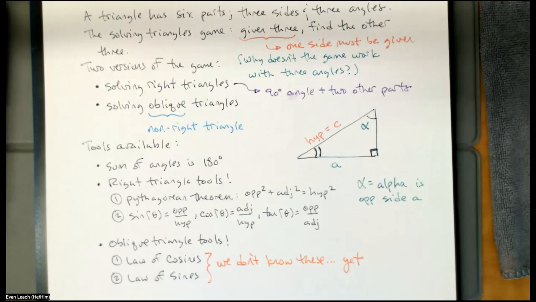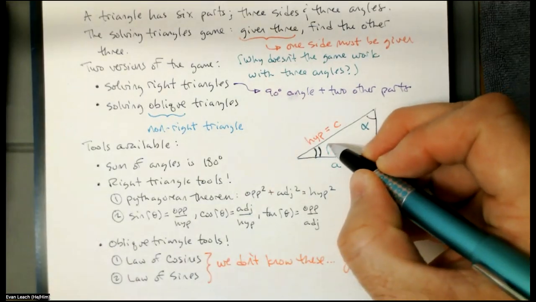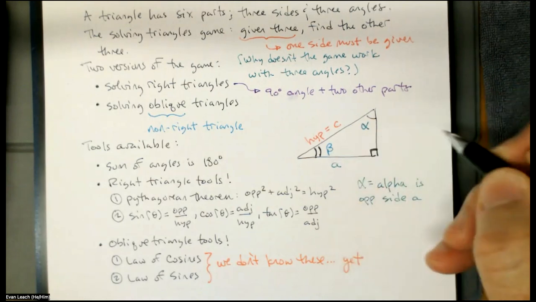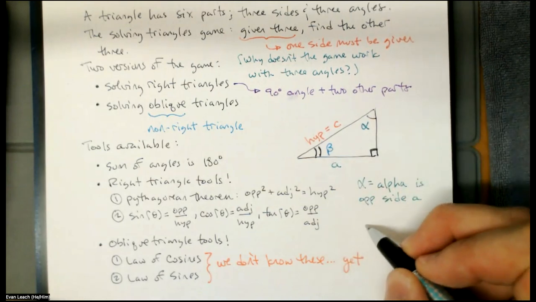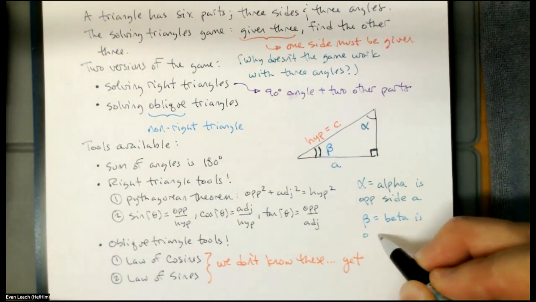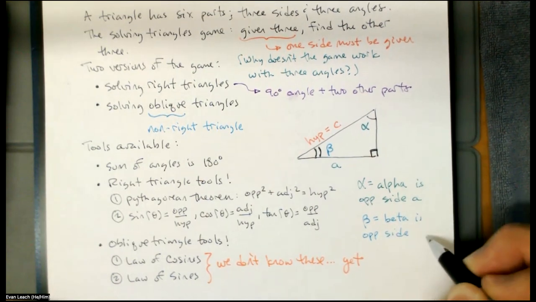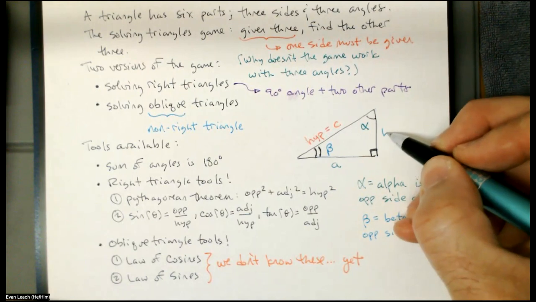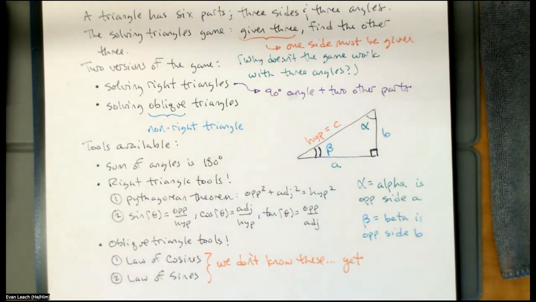The other acute angle I will name beta, and beta will be opposite side b. Alpha is opposite a, beta is opposite b, c is the hypotenuse. So I'll use a, b, and c for the sides, and alpha and beta for the acute angles.